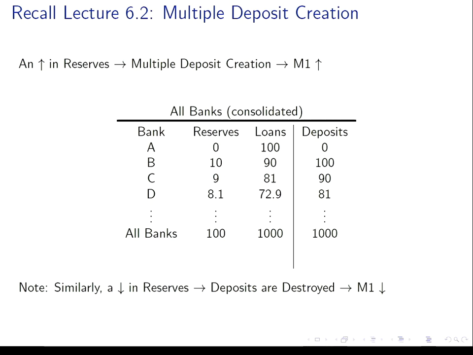First question, how does the central bank achieve an increase in reserves? Simple question. Yeah, open market operations, that's right. Can we get more specific? Open market purchase or open market sale? Purchase, yes.